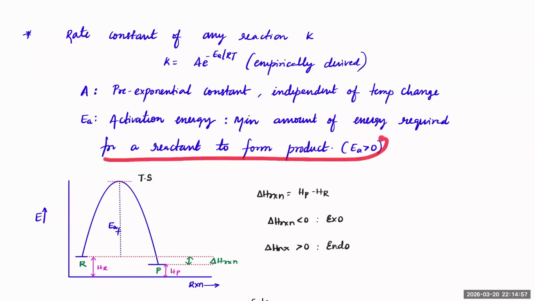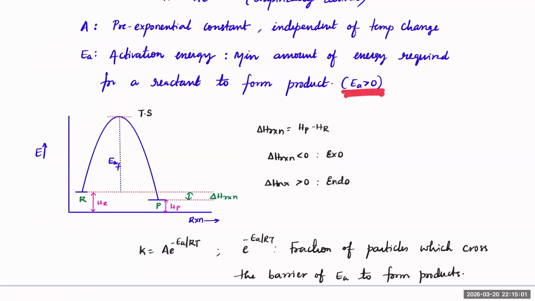So EA is greater than 0. You notice that from a reactant R going towards product P, this value represents the activation energy in the forward direction. Ajay, if I ask you about the backward direction, this value represents the activation energy in the backward direction, if by chance it is asked.